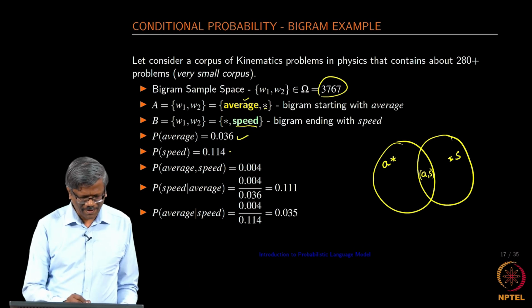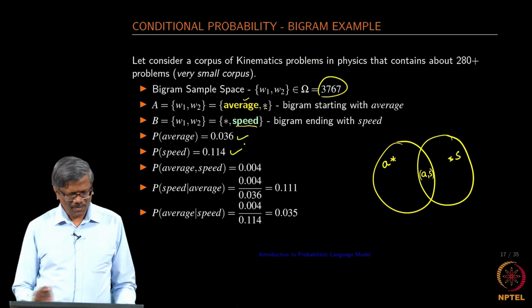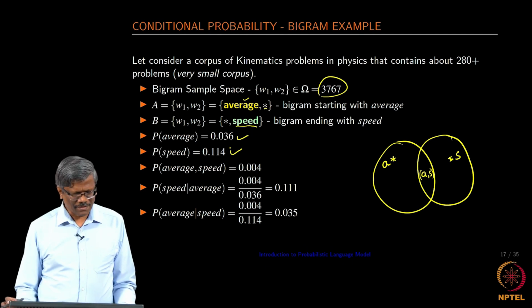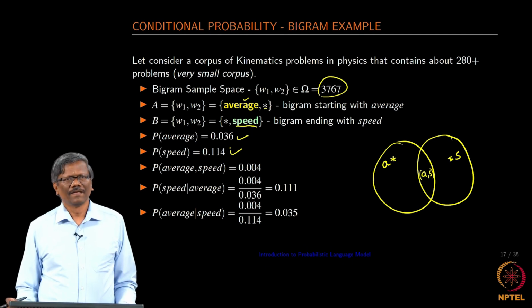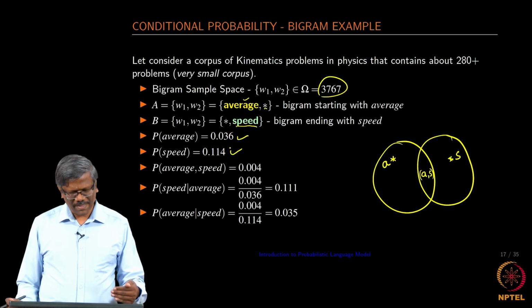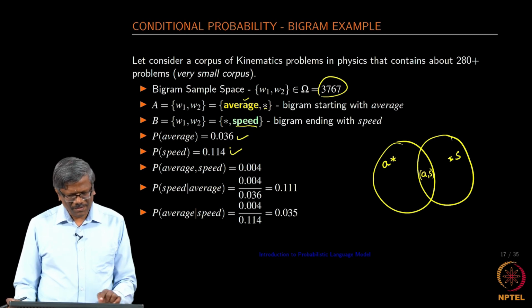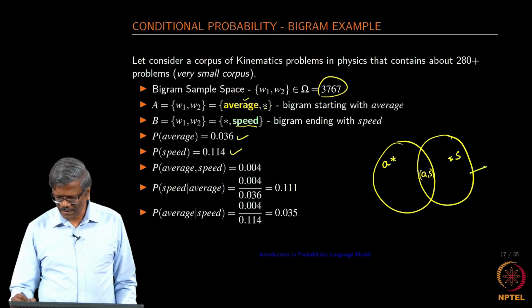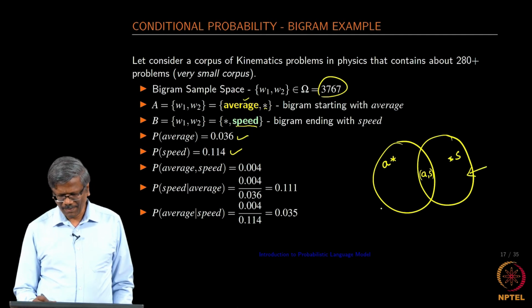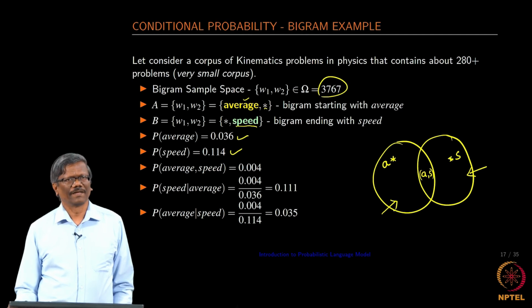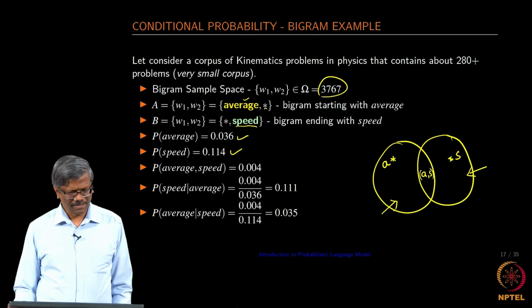In the same fashion you get it for speed. If you look at these two words, speed occurred more often than average, so you will find the speed set bigger than the average set.